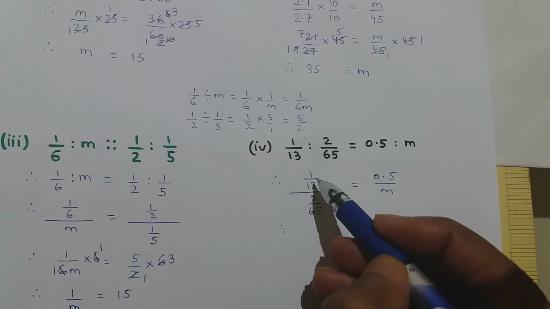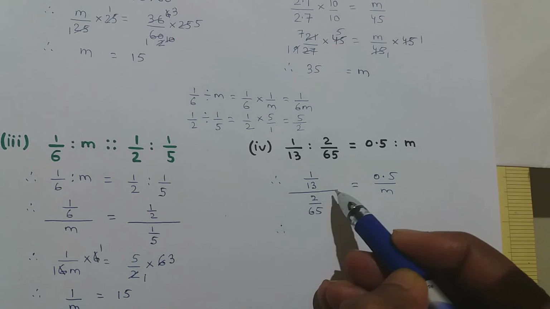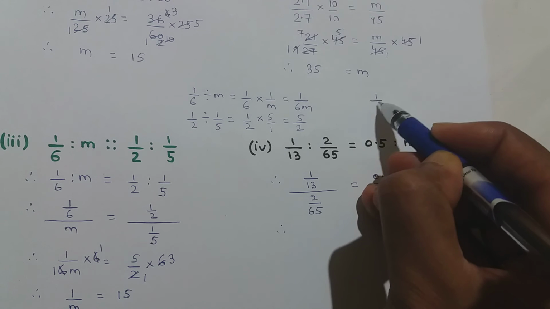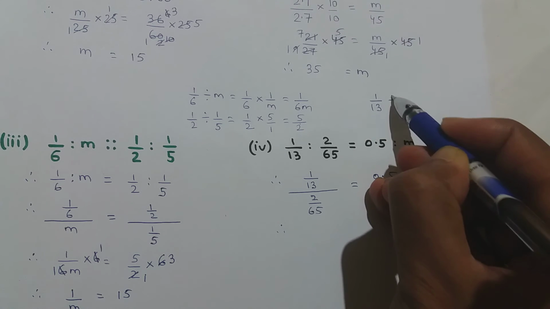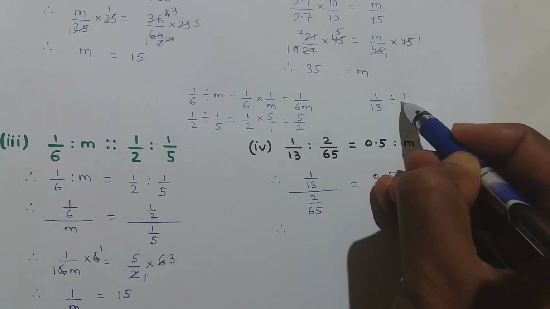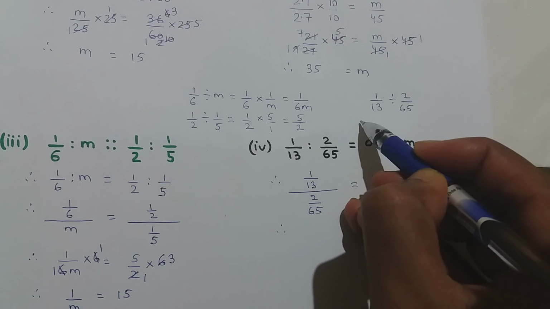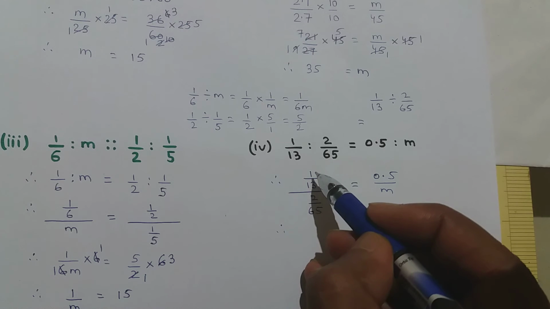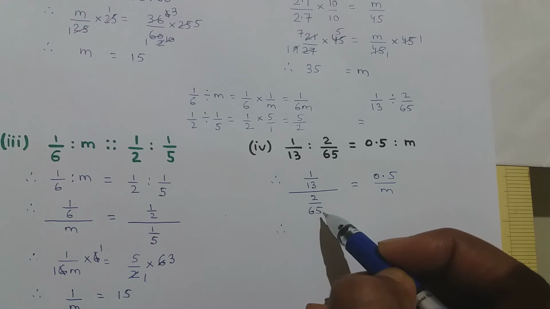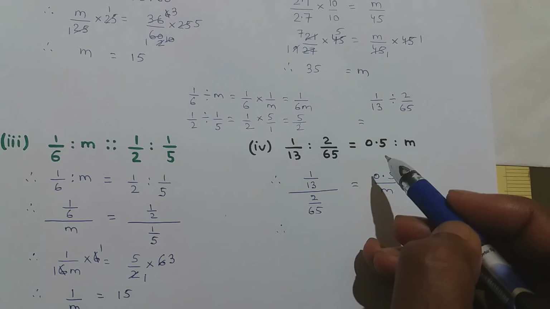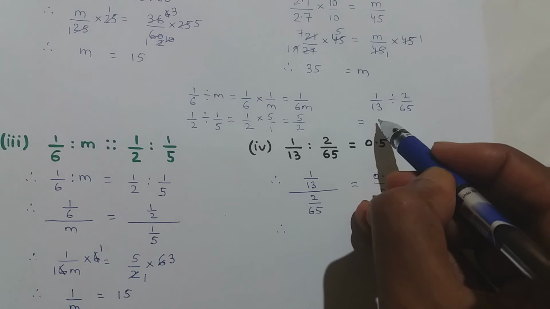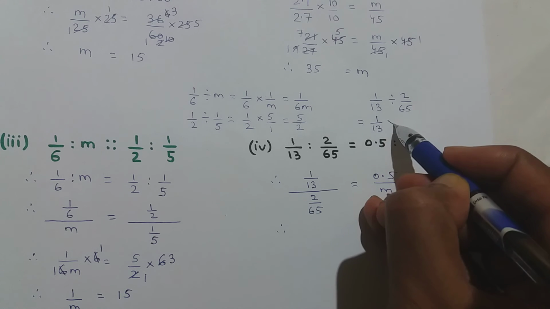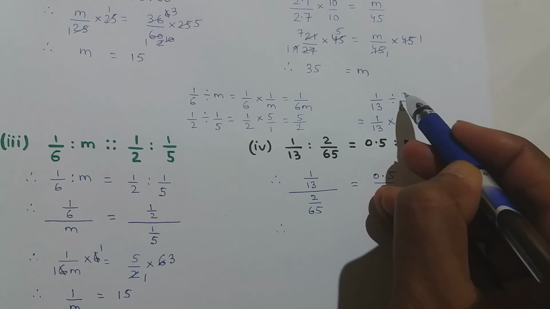So this means 1 upon 13 divided by 2 upon 65. Now let us solve it. It will be 1 upon 13 into, and we have to take the reciprocal of this.